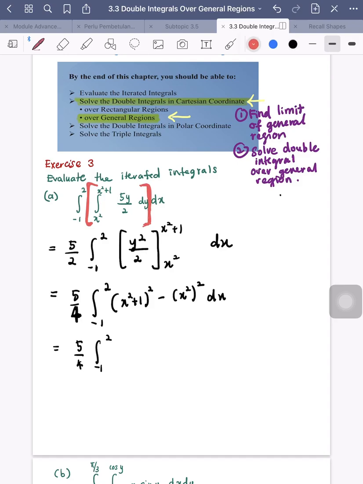Here, you have to expand. Expand means you have to expand x squared plus 1 times x squared plus 1, one by one.